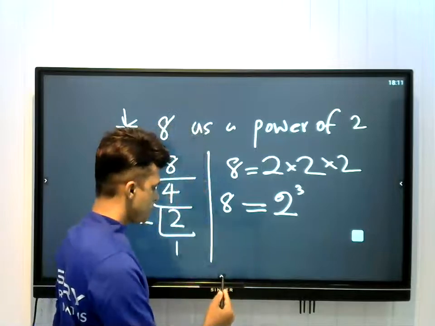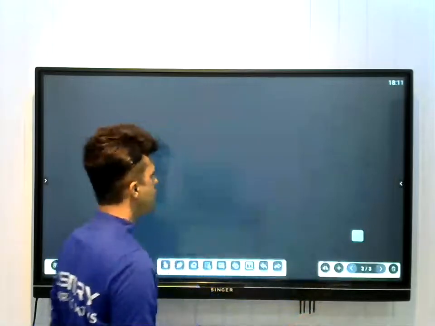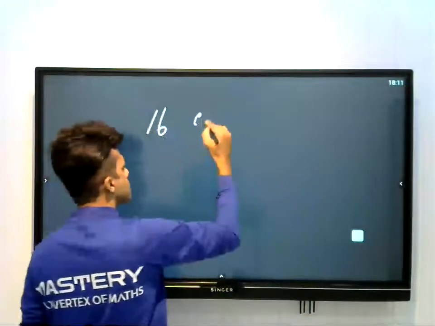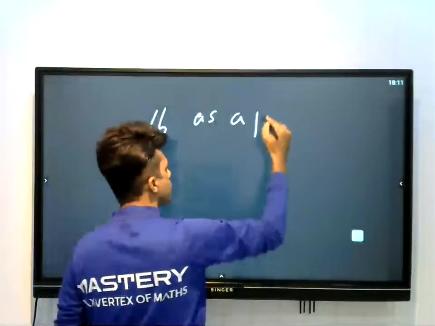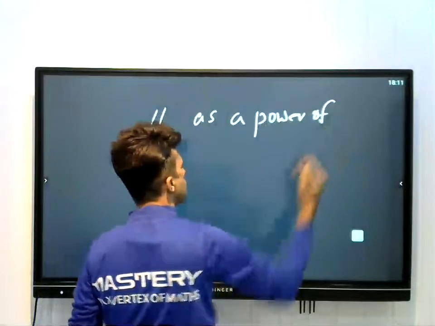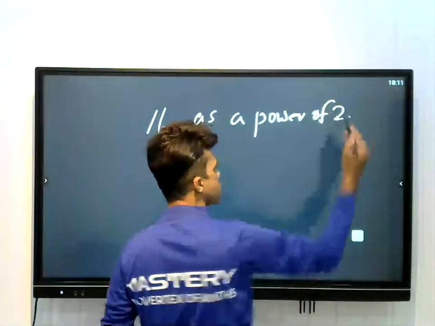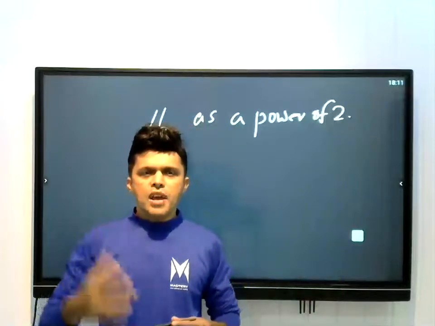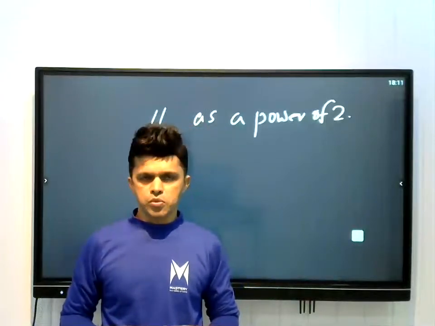Now we can write 16 as a power of 2. How do we write 16 as a power of 2?